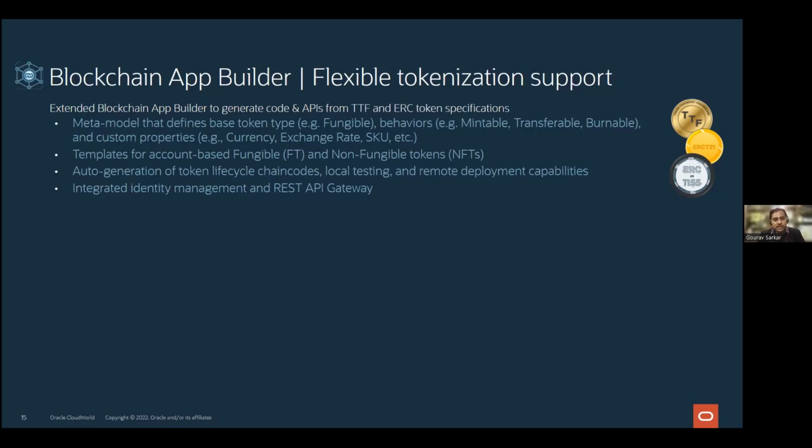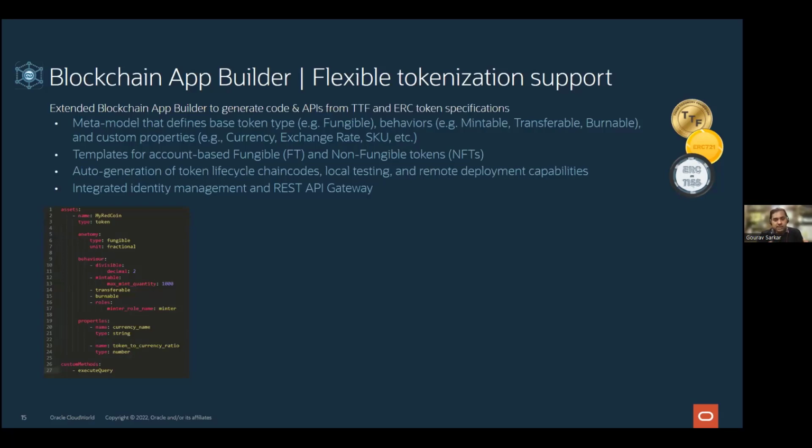What we do is that we have this specification file where we define the tokens and the token assets and their behaviors. Whether this token can be minted, whether this token can be transferred, burned, and so forth. We define all this, and along with that, we also define the custom properties.